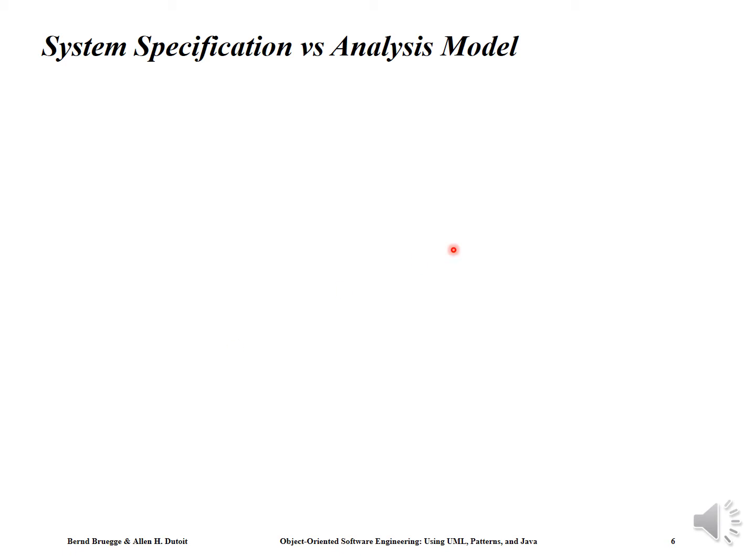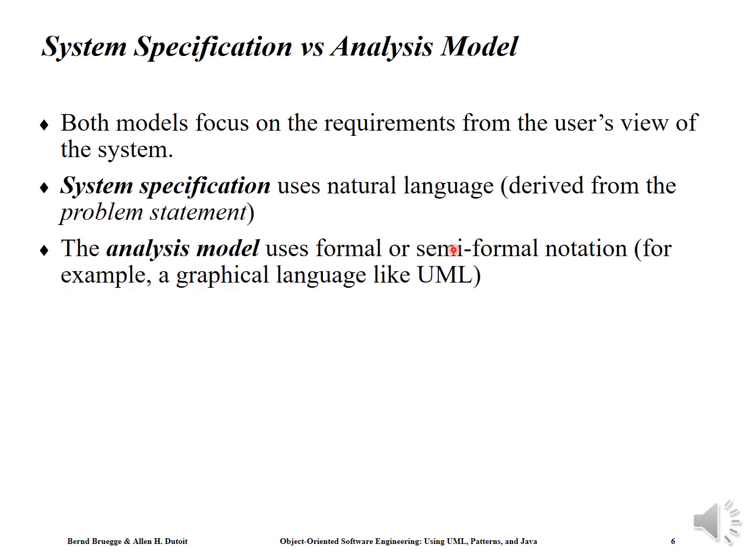System specification versus analysis model. So what are these models? Both models focus on the requirements from the user point of view. For example, the system functionality, the interaction between the user and the system, the errors that the system can detect and handle, and the environmental conditions in which the system functions are part of the requirements.